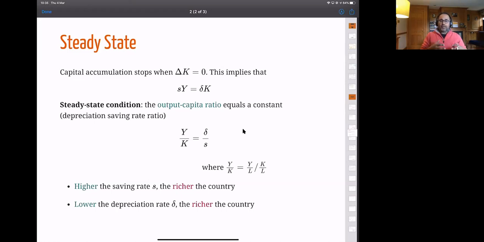It turns out that it's inevitable for all economies to move towards the steady state. It's almost like a force that's driving them towards it. If you're away from the steady state, you'll grow really fast and get to the steady state.